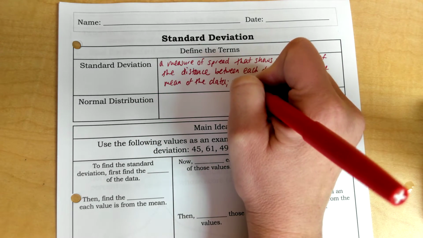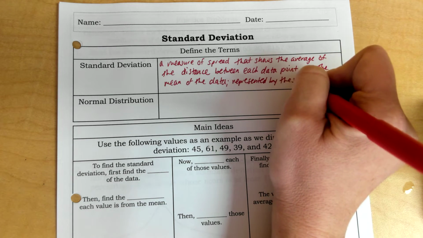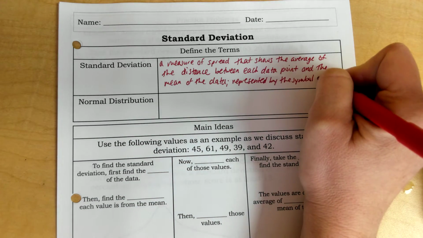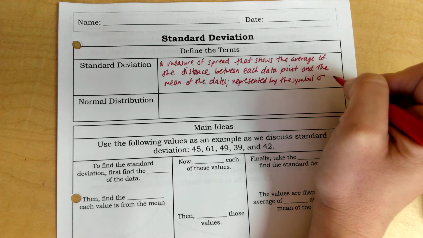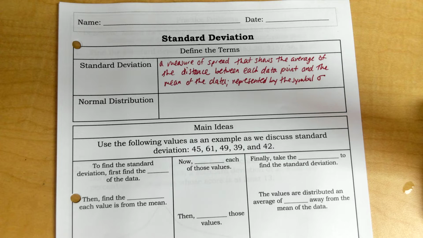And it is represented by the symbol. Looks like this. It is the lowercase Greek sigma, the symbol for standard deviation.